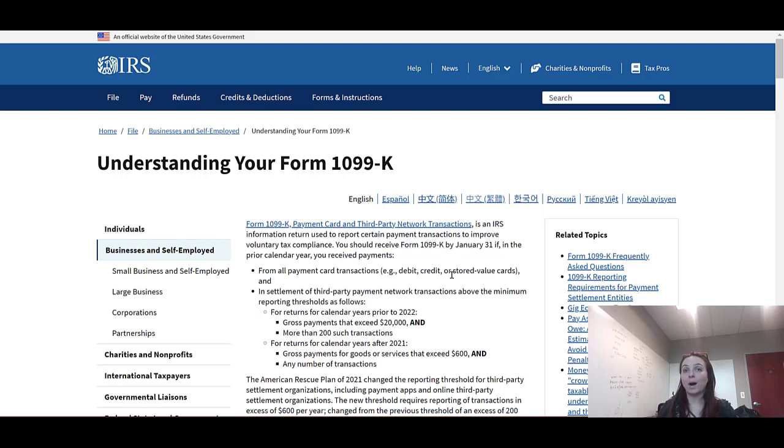Now, if you've wired money through your bank platform, like a bill pay platform, that amount isn't being reported anywhere on a 1099-K, right? That amount needs to be reported on a 1099 miscellaneous or a 1099 NEC. Okay, so 1099-Ks are going to be credit card payments, any sort of payment processor.